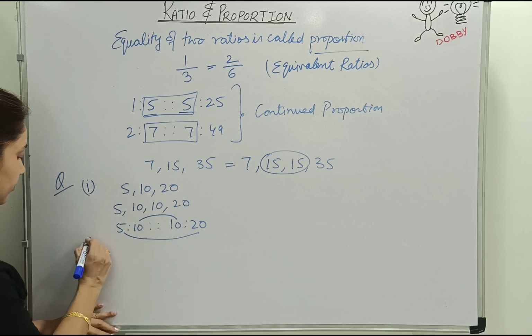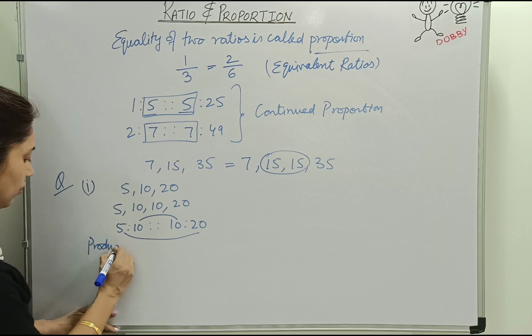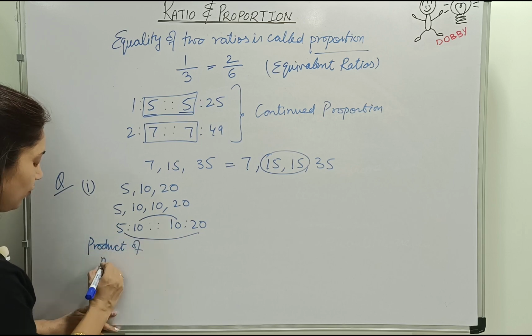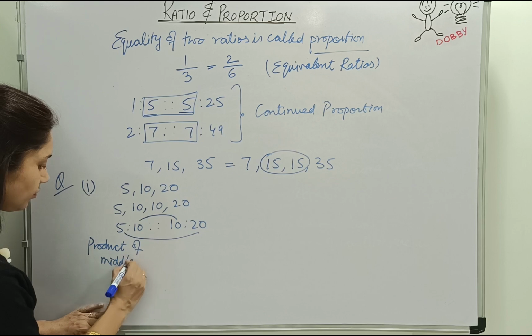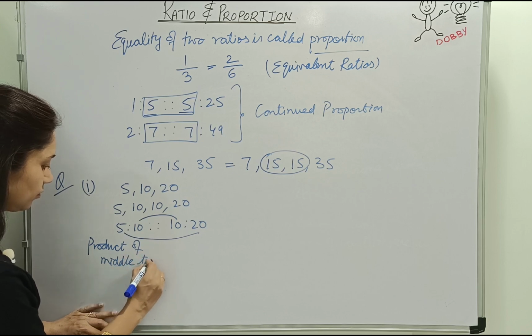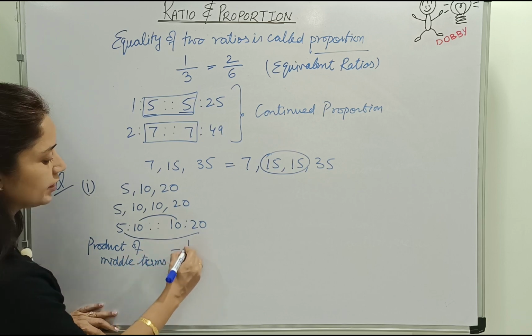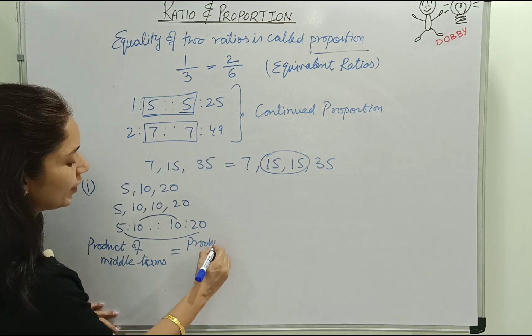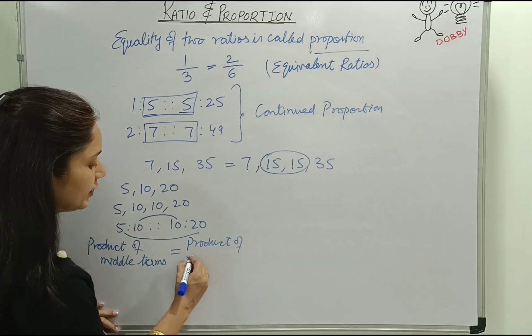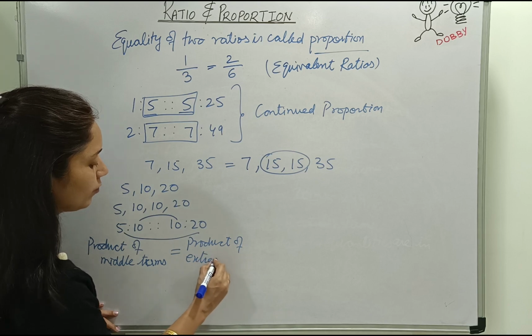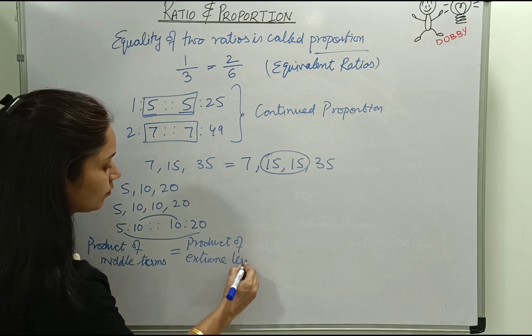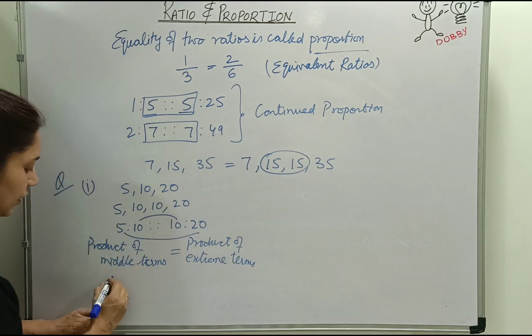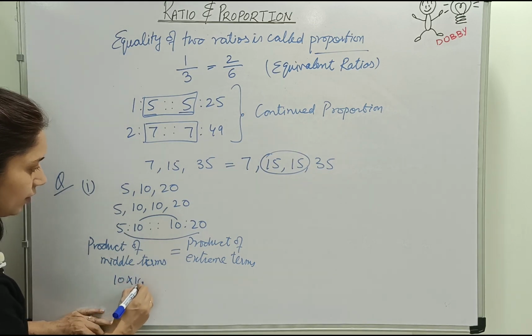Let us find product of middle terms. If it is equal to product of extreme terms, then yes, they are in proportion. Middle terms 10 multiplied by 10.